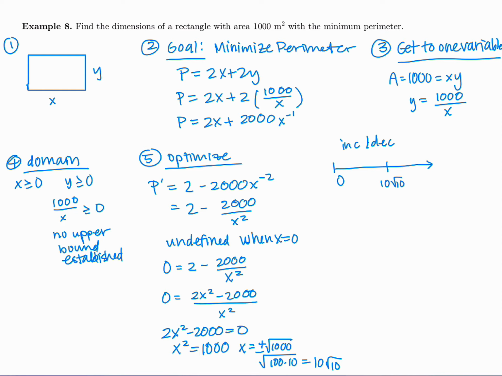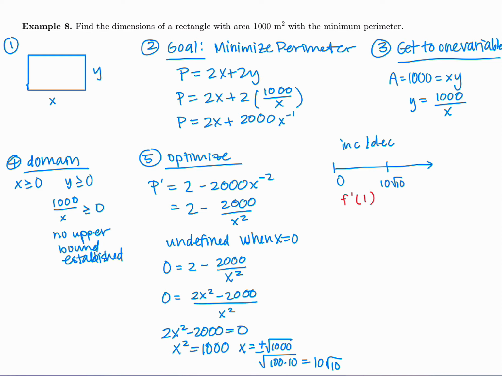Okay, so let's pick a couple things to plug in. So f prime of, I'm just going to plug in a 1. That's nice and simple to plug in. Definitely less than 10 square root of 10. And then square root of 1,000. If you're not sure what that is, just give a quick plug in your calculator, get an estimate.